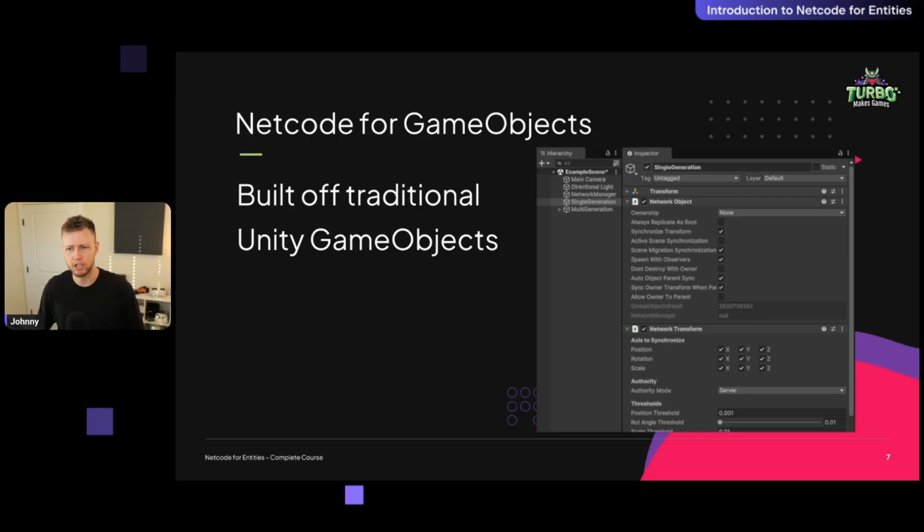If you look at this image here, here are some examples of how you would define, say, a networked object and a network transform. And you have some options about what kind of data you want to synchronize. So this is all, again, done through regular Unity GameObjects and MonoBehaviours.